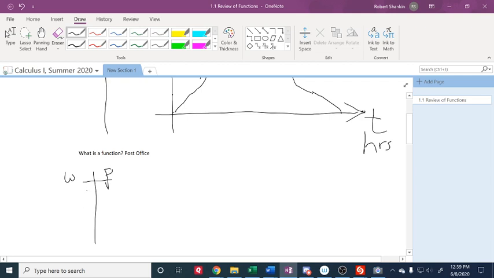And if the weight of a package is 1, 2, or 3, the price could be, let's say, $2, $4, or $4. And this is a situation where the input is the weight, the output is the price, and the question is, before we get to what is a function, is this a function?